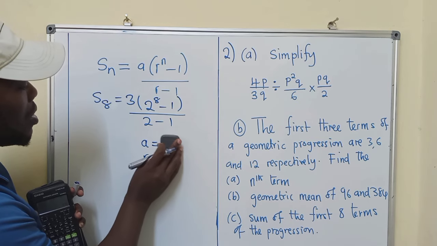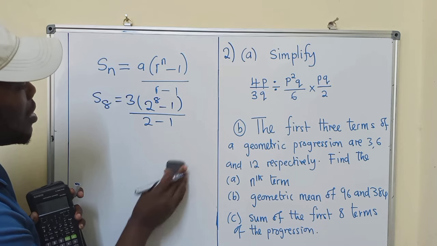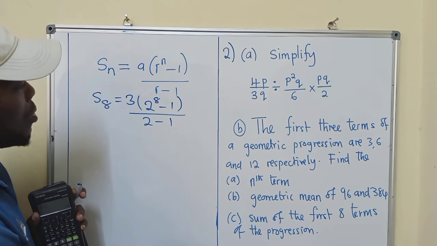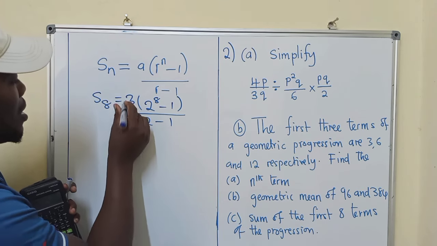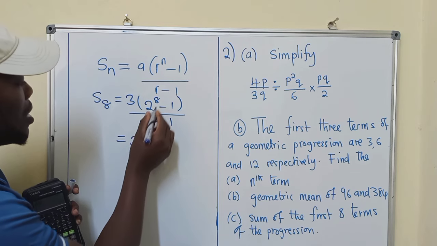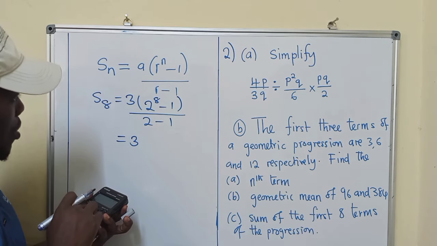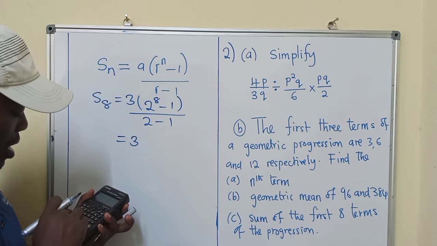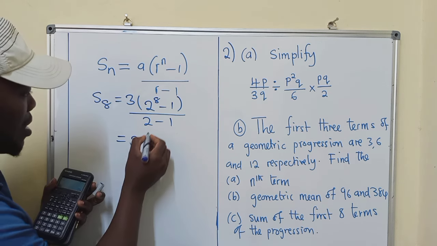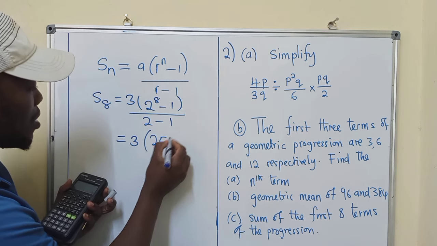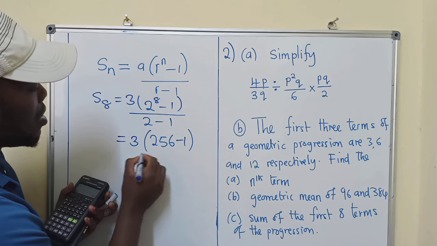So now we simplify, okay? Here it will be 3. What are we getting there when we say 2 power 8? It's 256 minus 1.